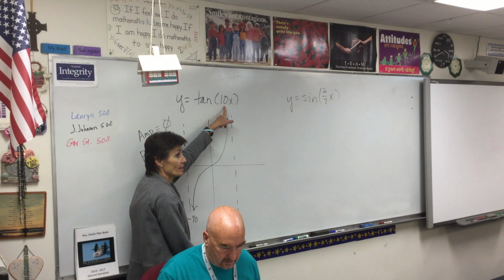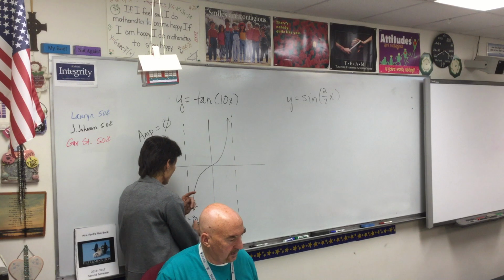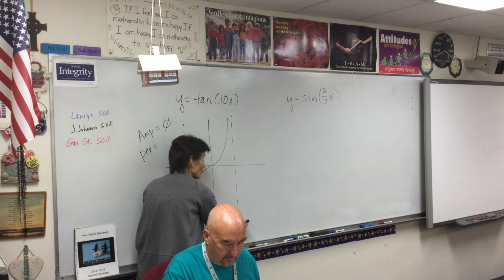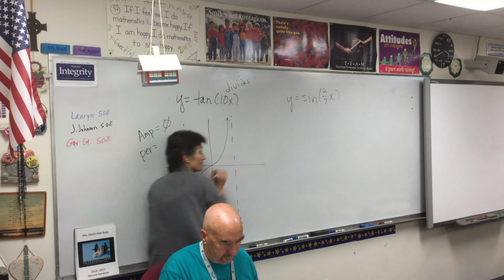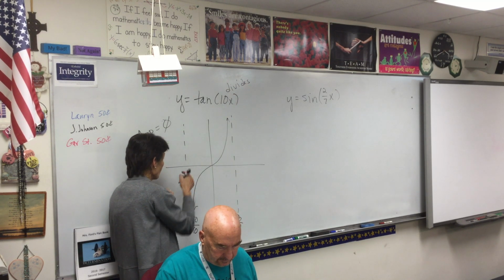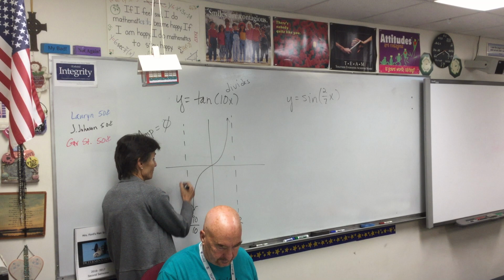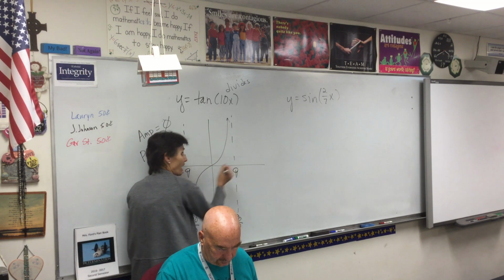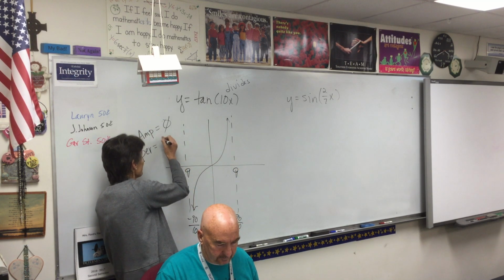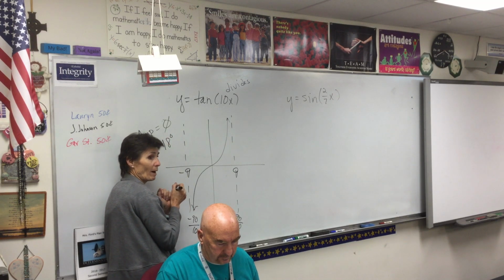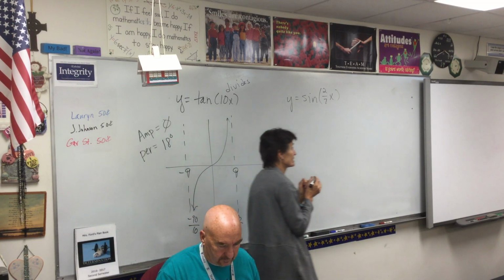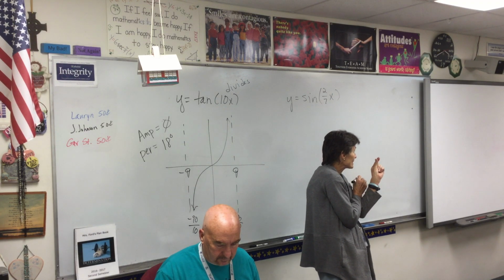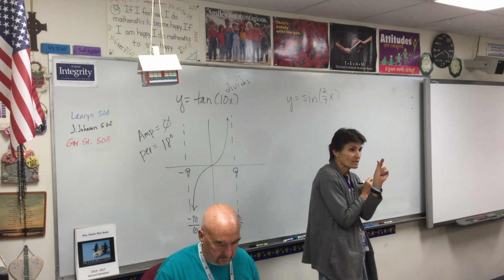But I have a 10 in there, so I'm going to divide by 10. Remember, this number divides. So what are these labels actually going to be? Negative 9 and 9, which means my period is a whopping 18 degrees. So if I were actually doing this to scale, it would be very, very skinny, right? Very, very small.